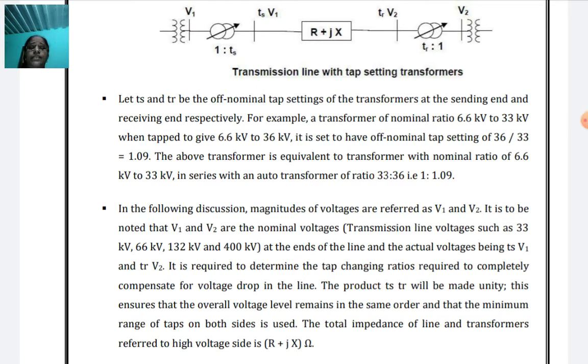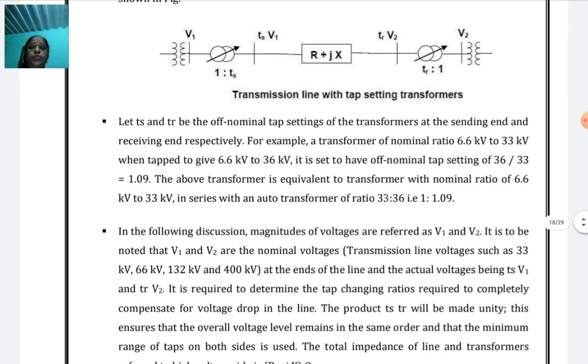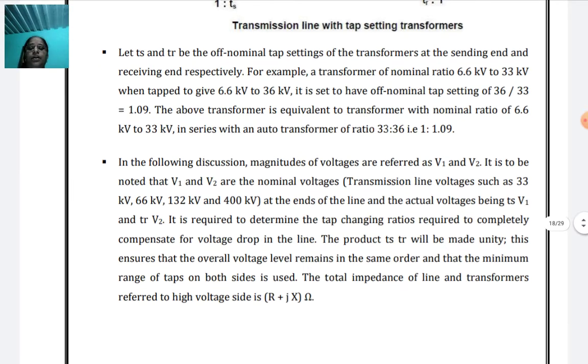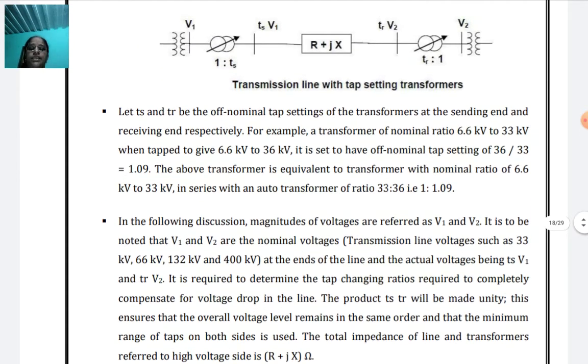The magnitudes of the voltages are referred to as V1 and V2, which are the nominal voltages, and R plus jX is the total impedance of the line and transformers referred to the high voltage side only, because it is 66 kV to 33 kV.